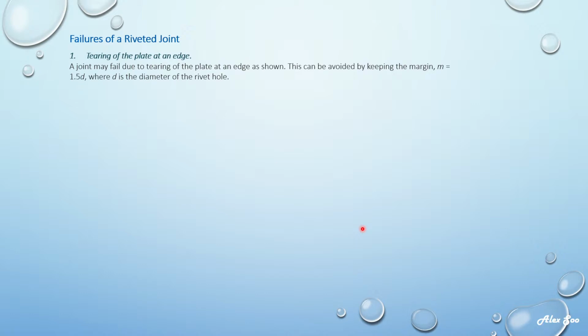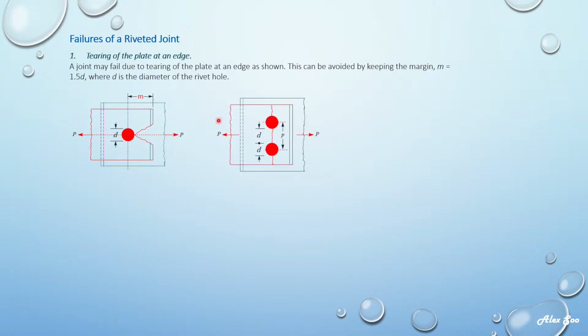I'll be showing you all three examples here. The first example is the tearing of the plates. The tear will occur across the plate through the rivet hole. You can see here the formation of the crack.